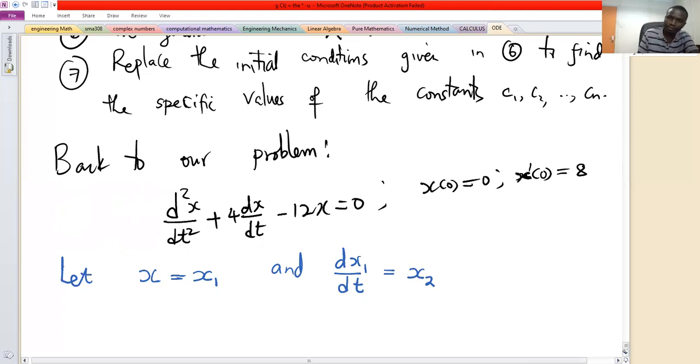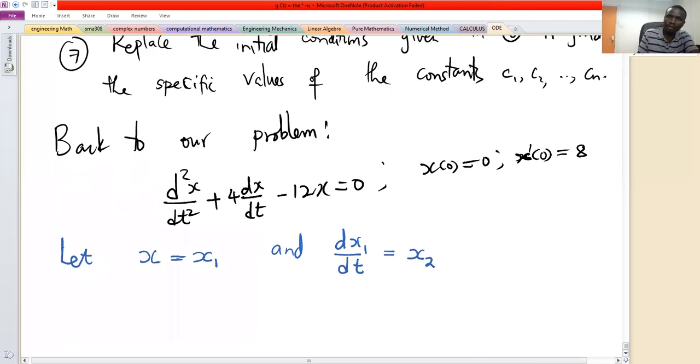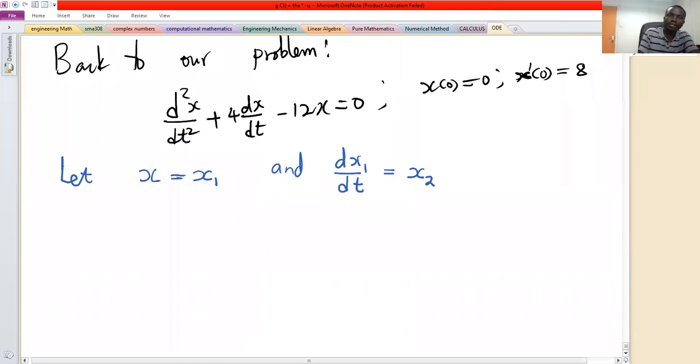So then it means that dx dt is the same as dx1 dt, which we are calling x2.